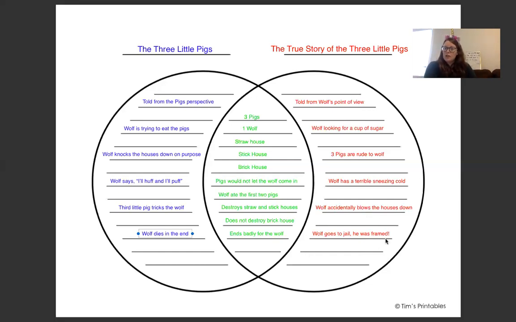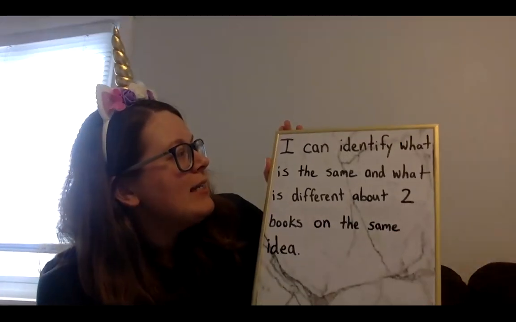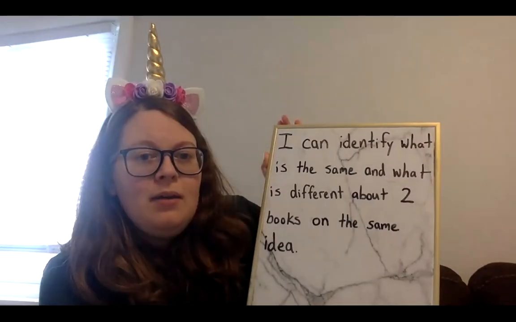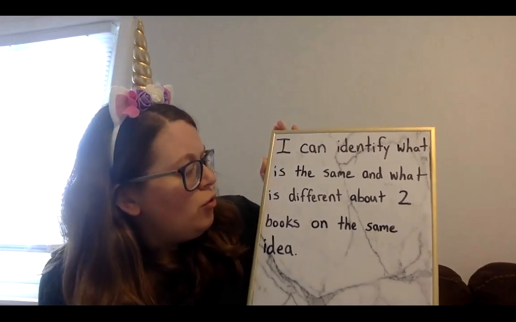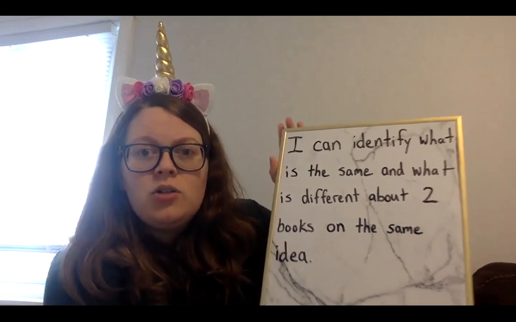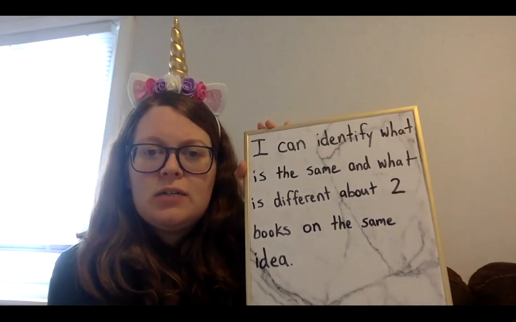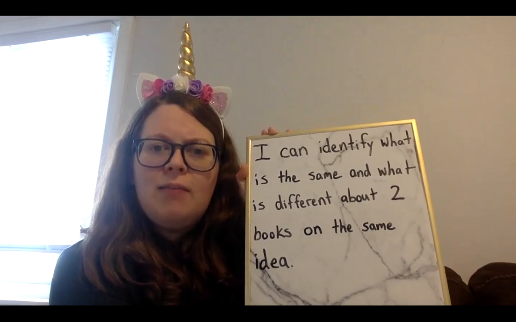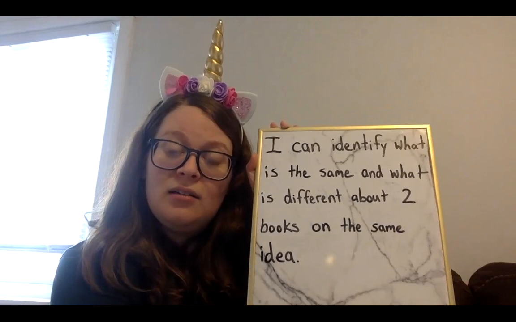Let's look at our learning target again. I can identify what is the same and what is different about two books on the same idea. So can you remember some things that were the same about our stories? What was the same about the three little pigs and the true story of the three little pigs?